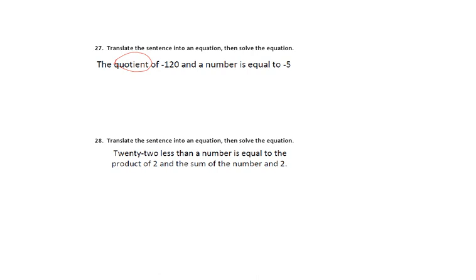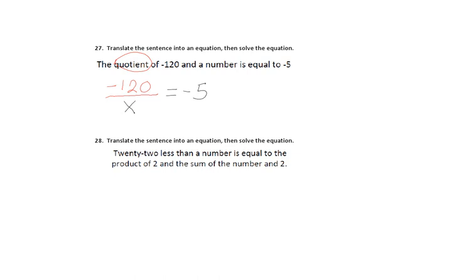So we have a fraction, a fraction where negative 120 is on top and x is on the bottom. Equal means equals. Negative 5 is negative 5. So part 1 was to set up the equation, translate the sentence, and we accomplished that. So that's done. Now let's solve.